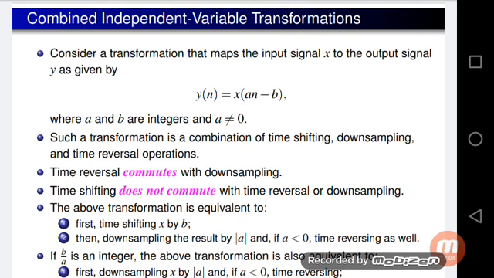So the overall concept of combined independent variable transformations is mainly used to convert the signals in the form of downsampling.